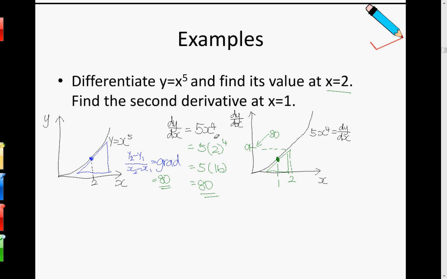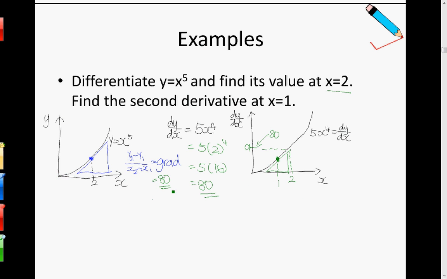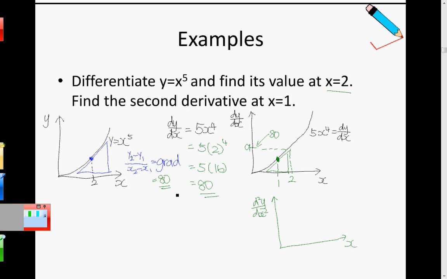What I actually want to find, b should be on this graph, the d2y dx square graph against x. Before I draw the graph, maybe let me find d2y dx square first.